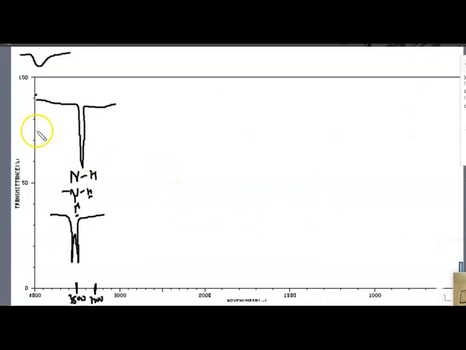All right, the next group that absorbs roughly in the same location, I'm going to do it in a different color on top of it, are alcohols. They are OH peaks. These roughly show up in the same location, but they're very broad, and it's very characteristic of alcohols. The numbers they give you in your book are about 3400 to 3600.